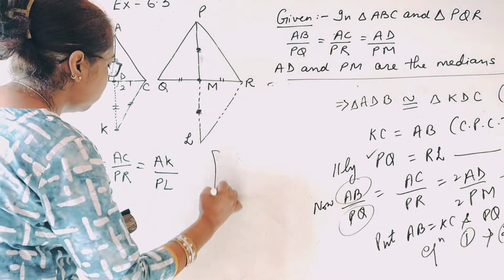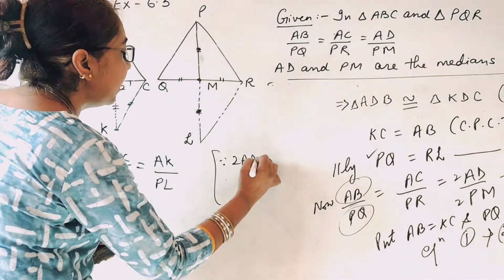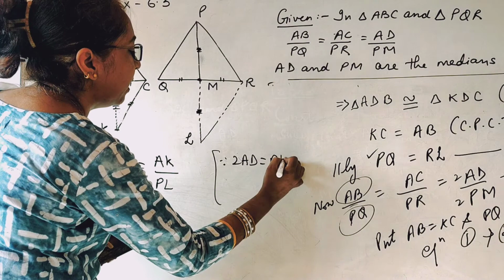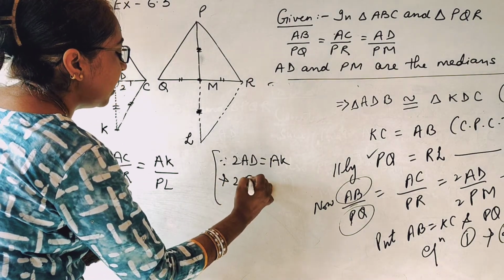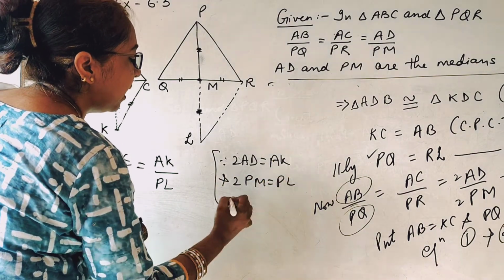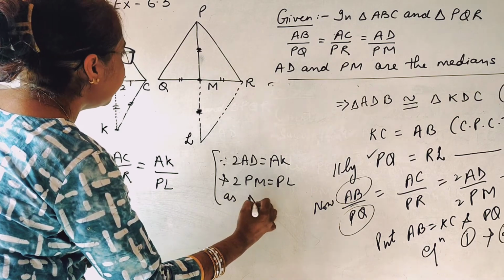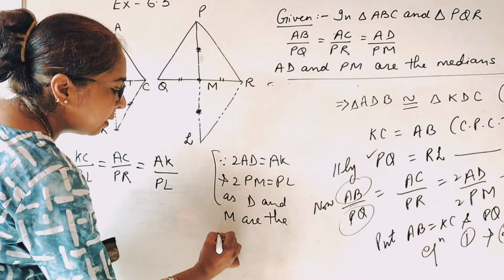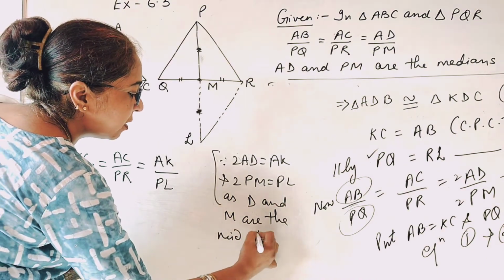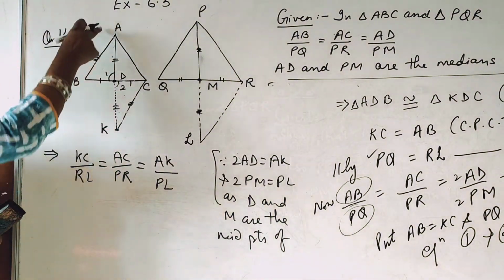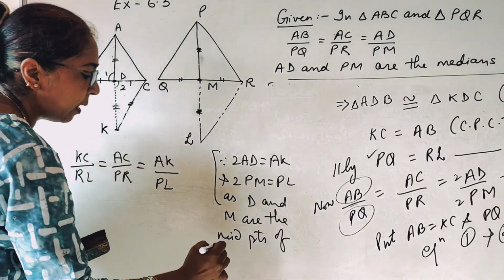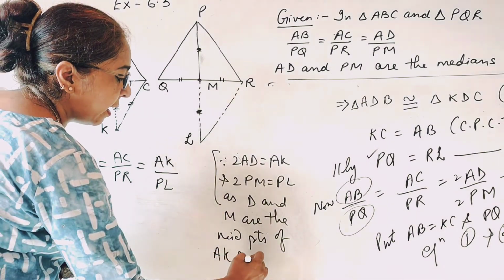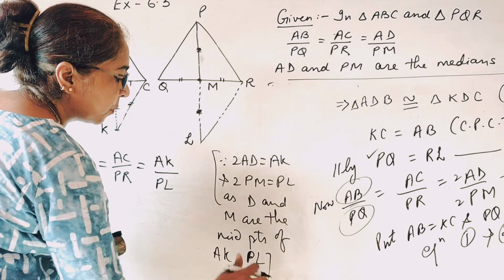Because I know that twice of AD is AK and twice of PM is PL, as D and M are the midpoints of AK and PL.